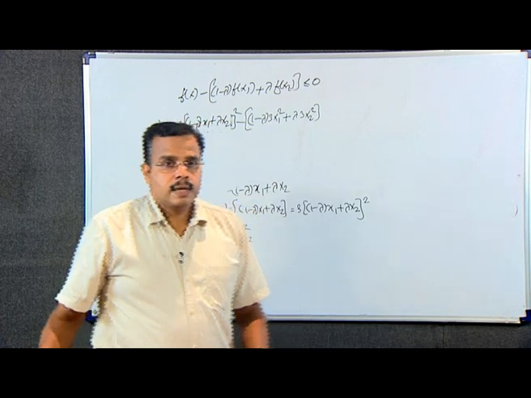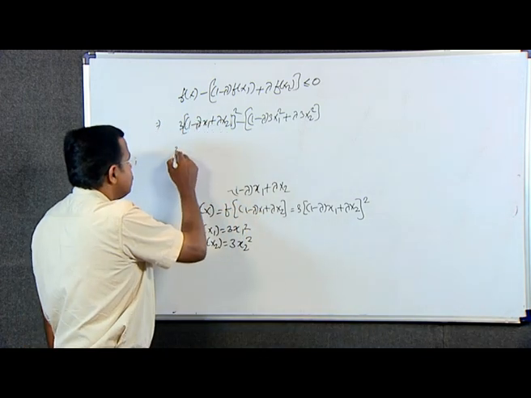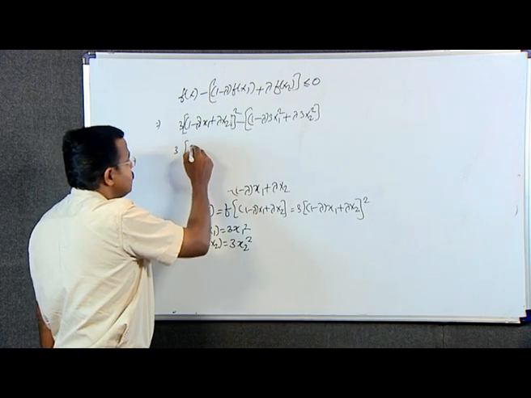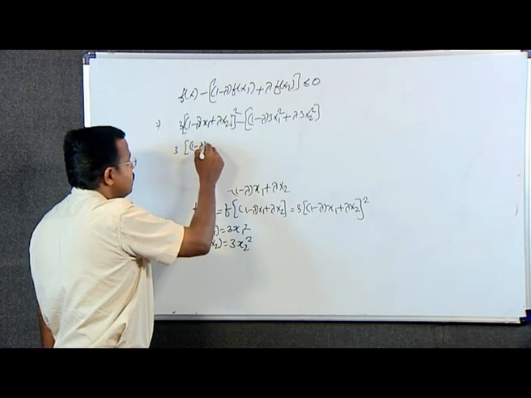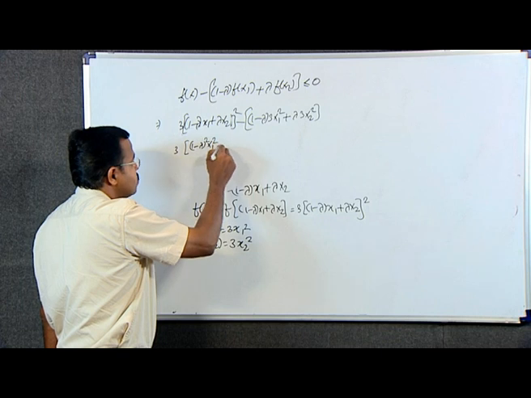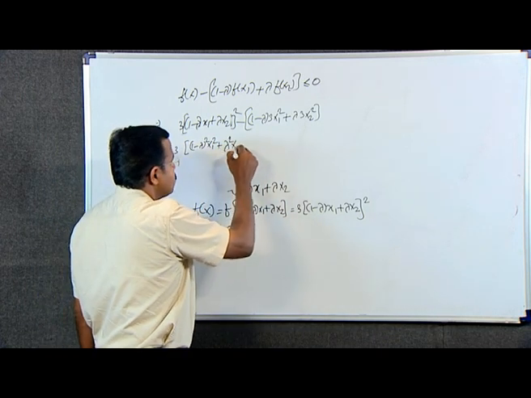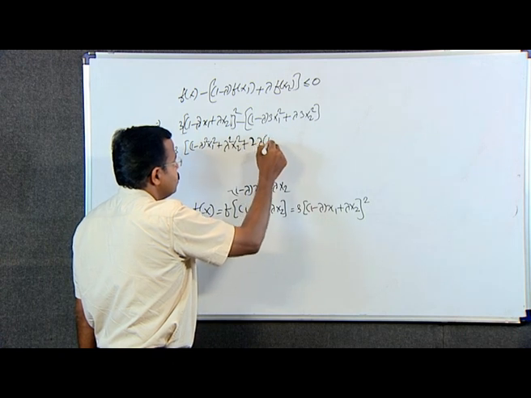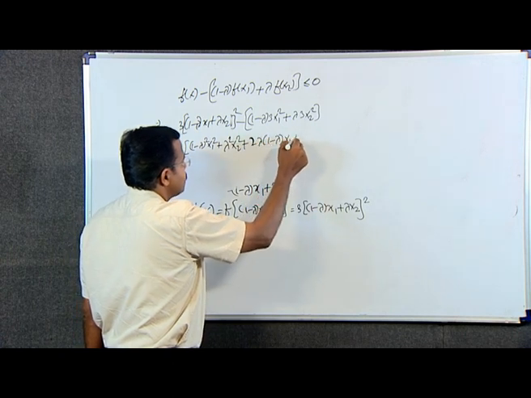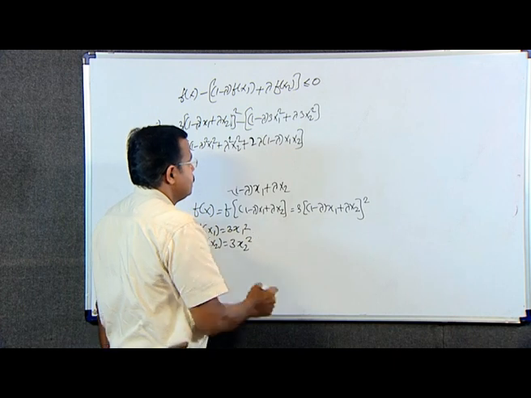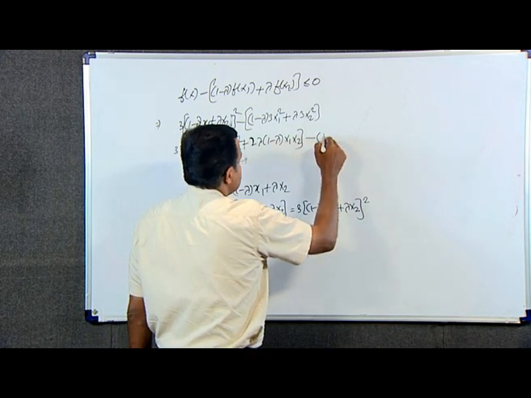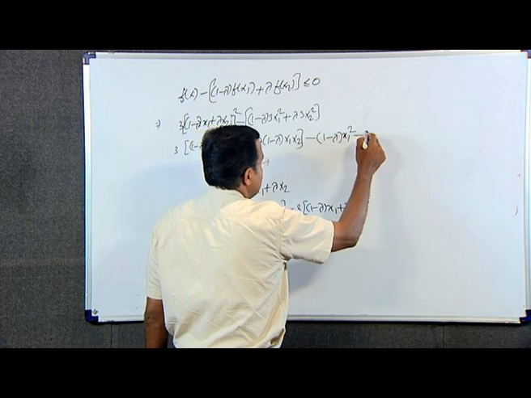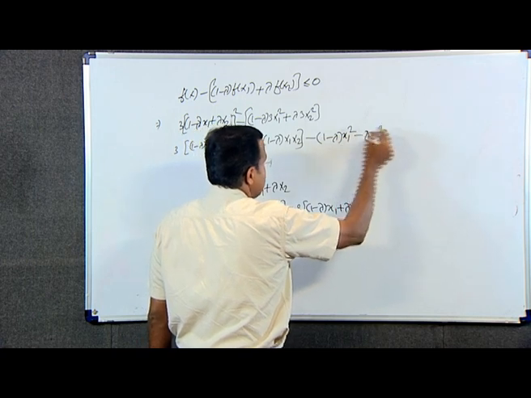So, 3 can be taken out. Expanding, we get (1 minus lambda) whole square x1 square plus lambda square x2 square plus 2 lambda (1 minus lambda) x1 x2, minus (1 minus lambda) x1 square minus lambda x2 square.